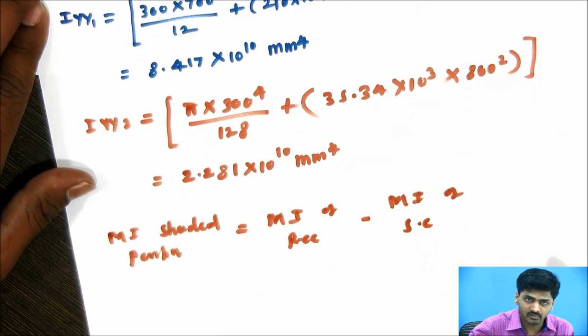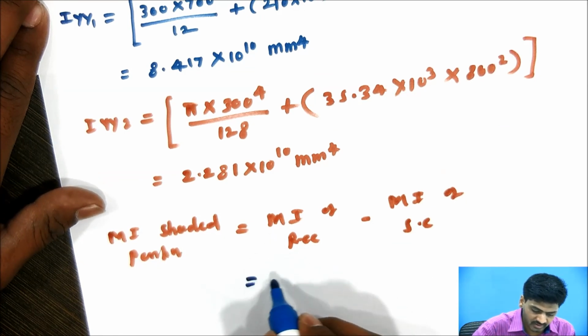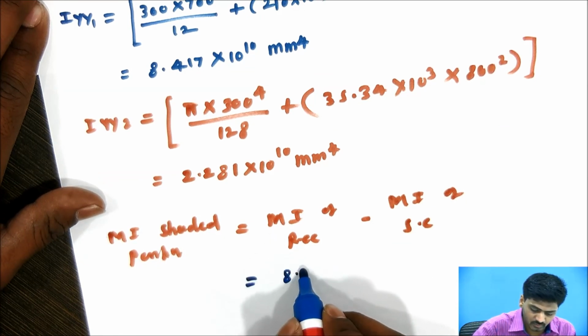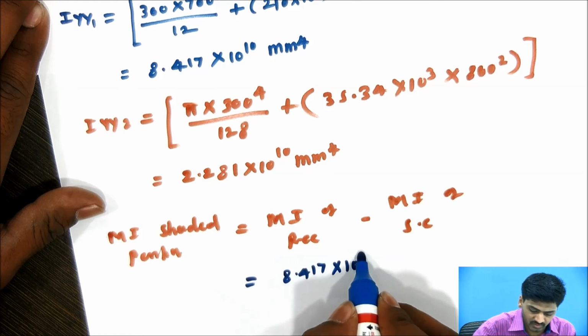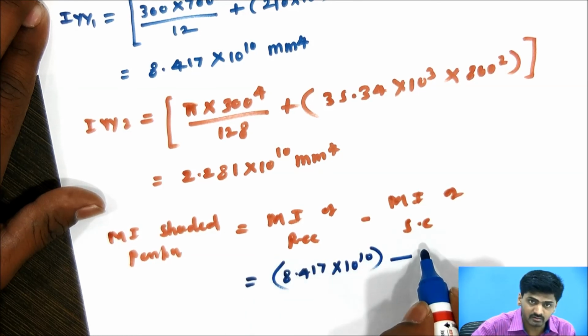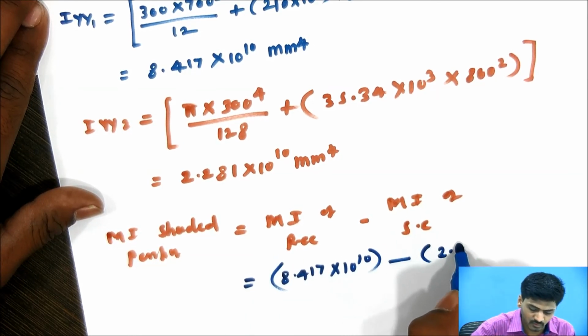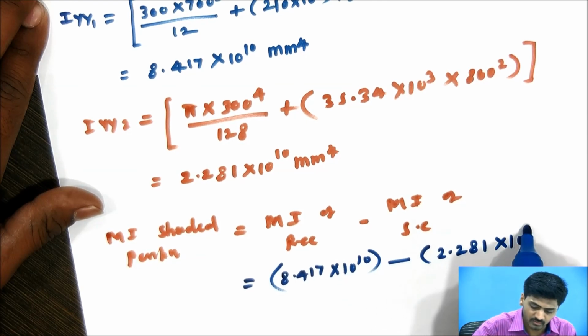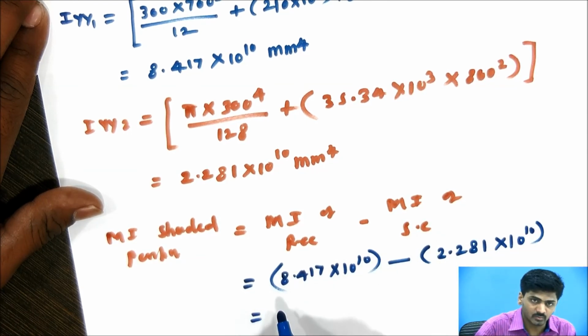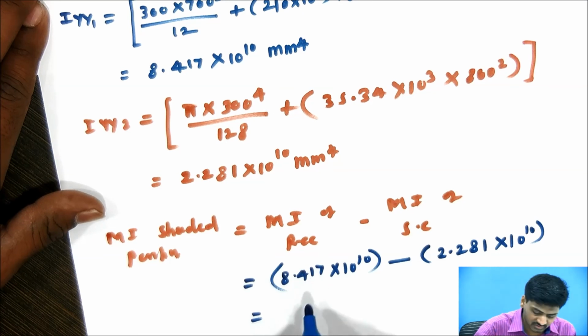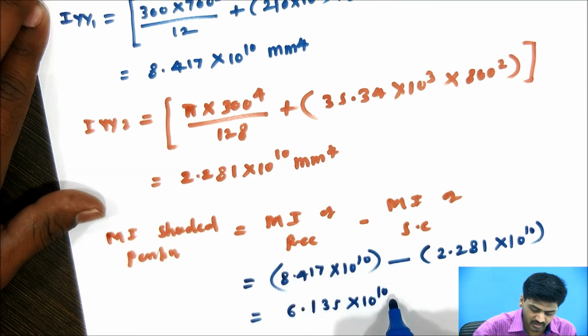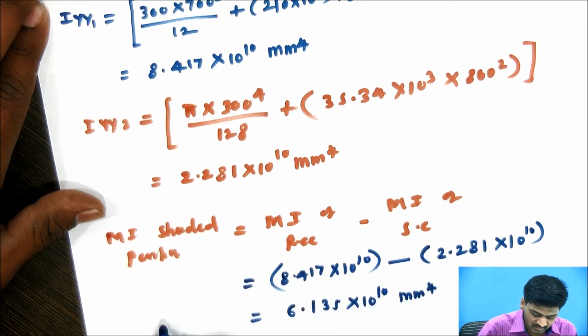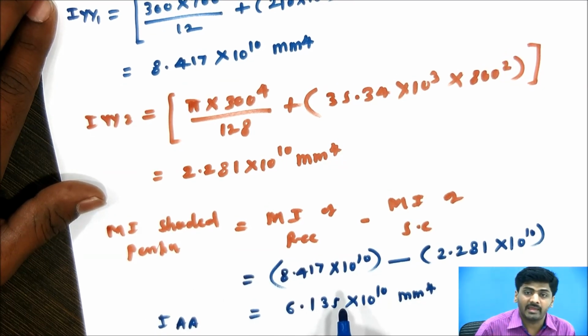So already we have calculated the moment of inertia of rectangle is 8.417 into 10 power 10, minus moment of inertia of semicircle, that is 2.281 into 10 power 10. So we'll get the moment of inertia of the shaded portion, that is 6.135 into 10 power 10 mm raised to 4. This is the moment of inertia about the AA axis, that is nothing but the shaded portion about the AA axis.